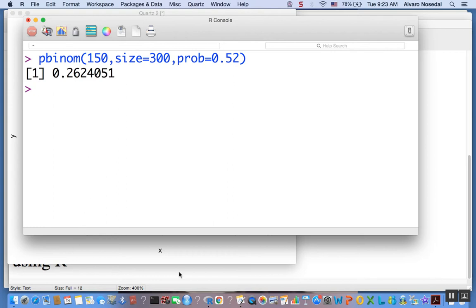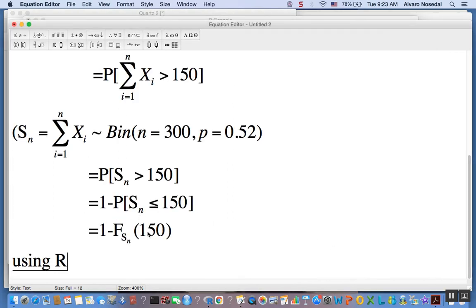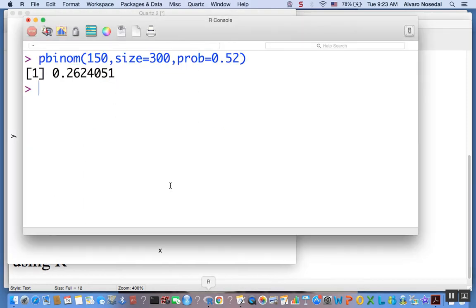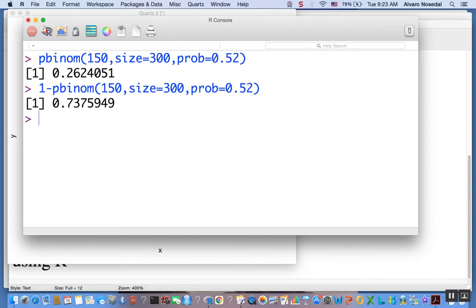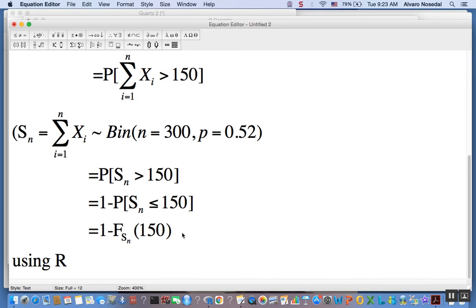What we want is 1 minus that. So the probability that the sample proportion was greater than 50% for that sample of size 300 is roughly 73.75%.